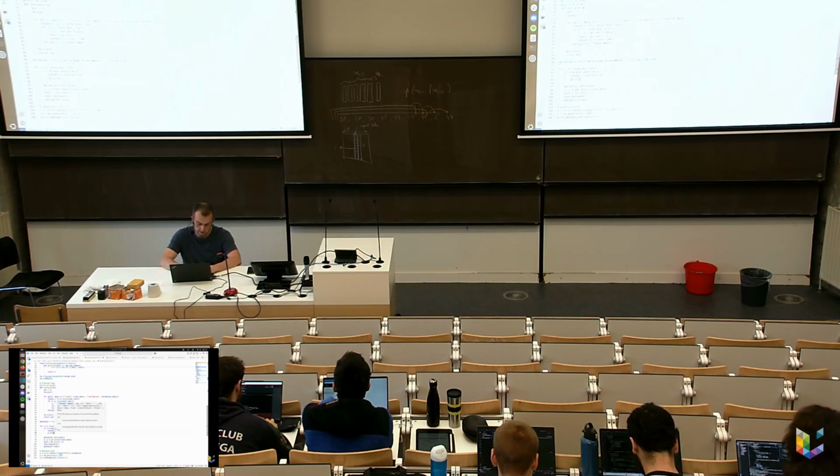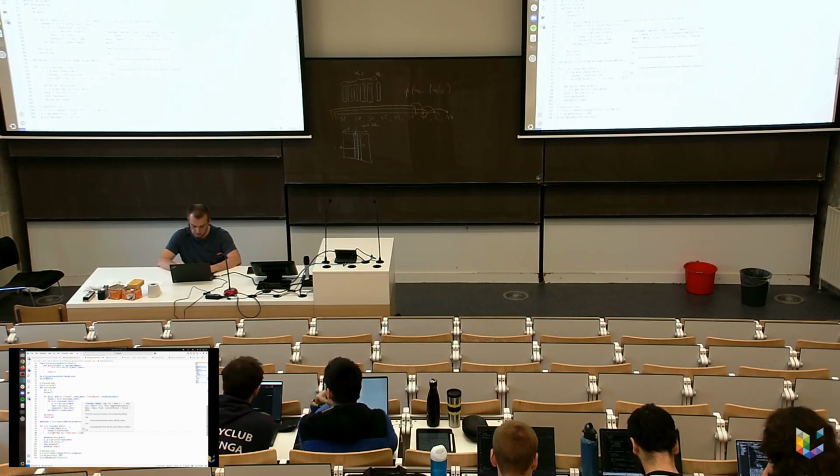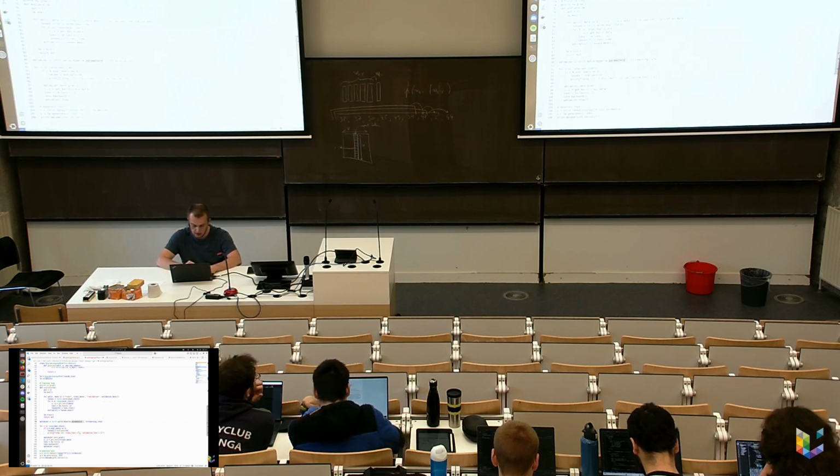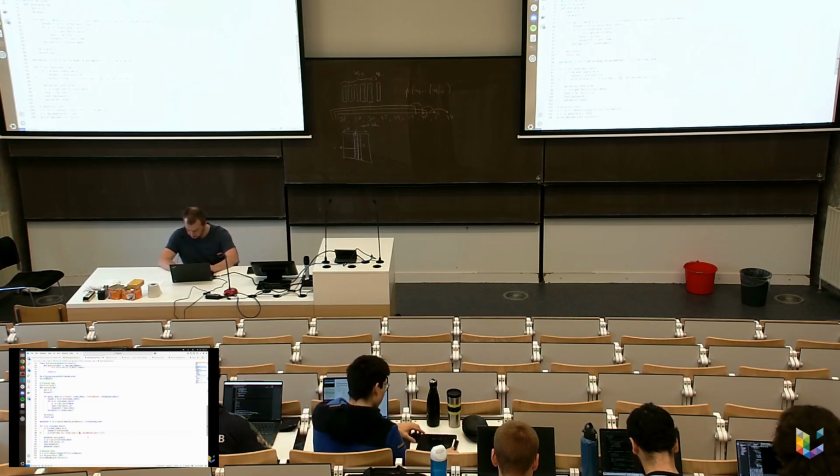So the current step will be this. We have first the training loss, then second, we'll have the validation loss. What do I need to print?